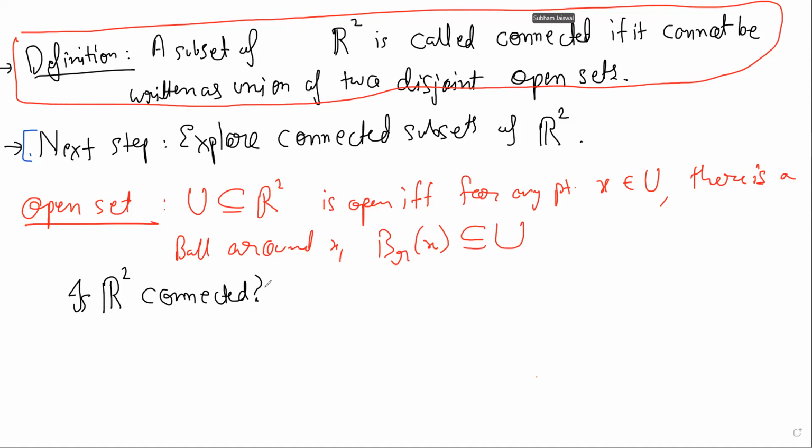That is really the point. So is R2 connected? Yes, looks like, right? Your definition should be such that R2 is connected. If my definition is giving that R2 is not connected, then something is very, very strange, right? So it should be, but how do we prove it using the definition?